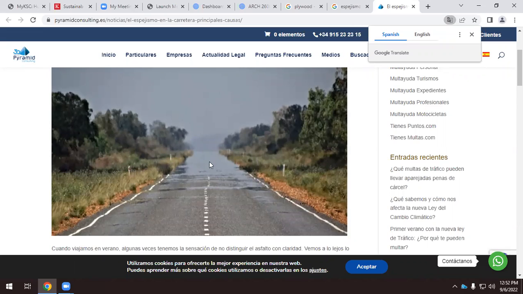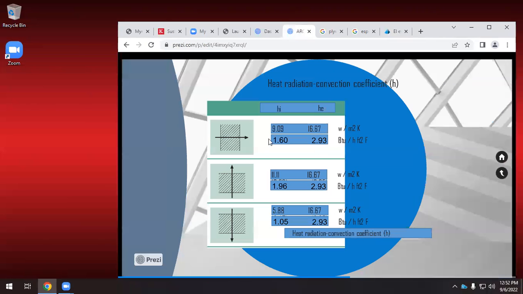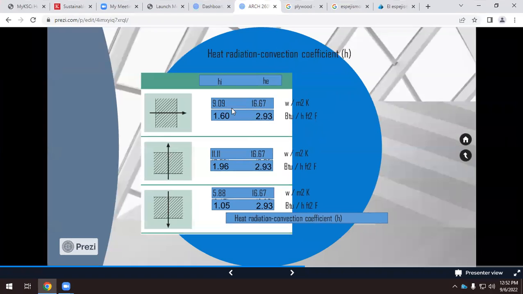But when the temperature is very high and the air temperature is lower, then we see all these movements, because the air layer that we have here is moving. Anyway, we see this effect, and that's the effect of this element, the heat radiation and convection coefficient.